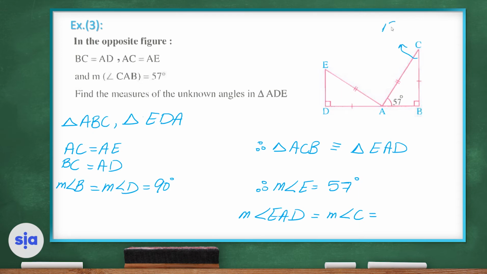It's 180, take away the sum of 90 and 57, so the measure of angle C is 33 degrees. So the measure of angle EAD is also 33 degrees.